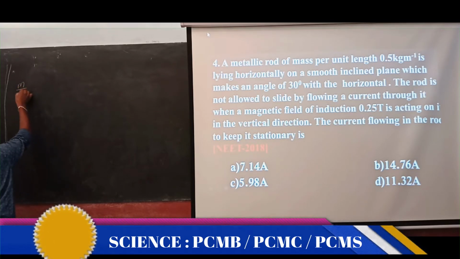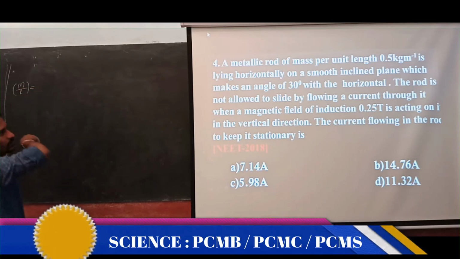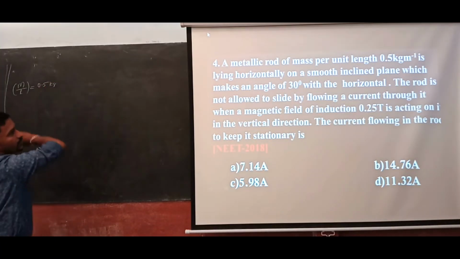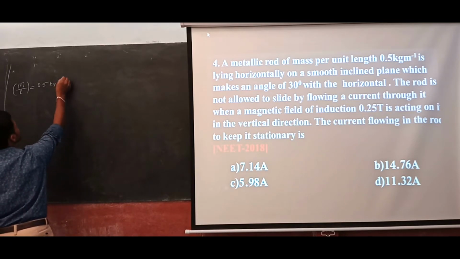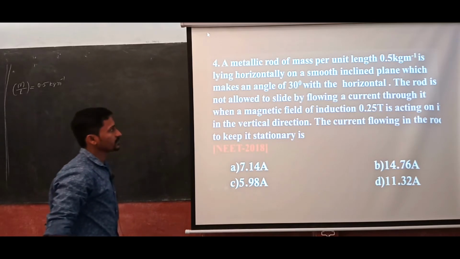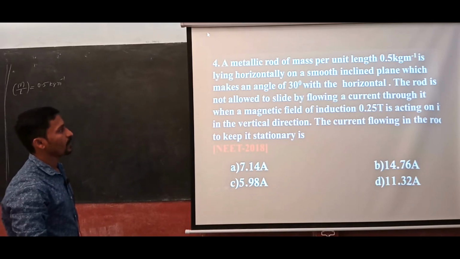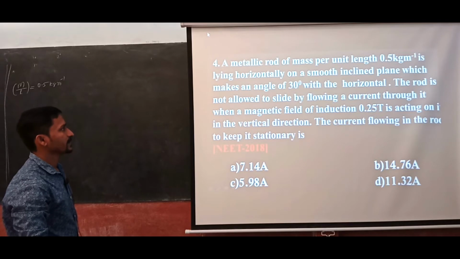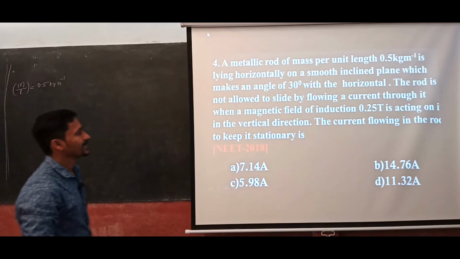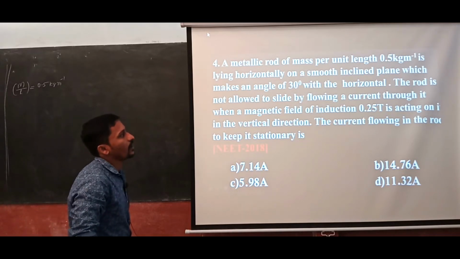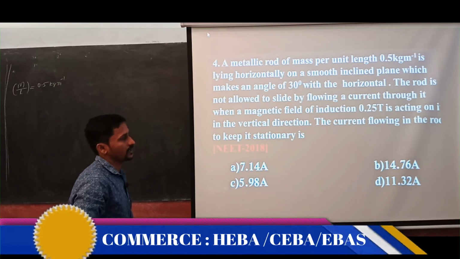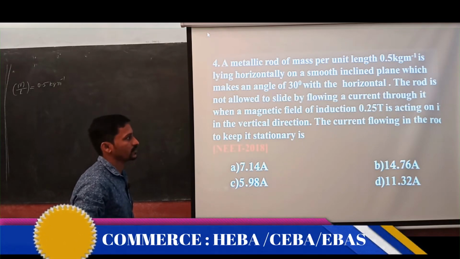Mass per unit length, which is equal to 0.5 kg per meter, is lying horizontally on a smooth inclined plane, which makes an angle of 30 degrees with the horizontal, okay.